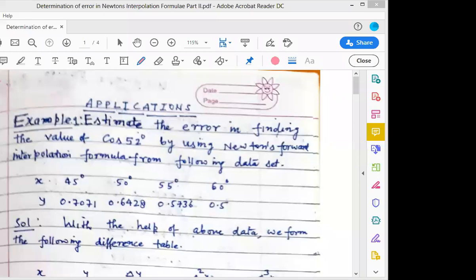The error we obtained was u into (u minus 1) into (u minus 2), and so forth, up to (u minus n), upon factorial n plus 1, into the n plus 1th forward difference of y naught, the beginning value. This was the formula for Newton's forward interpolation formula.